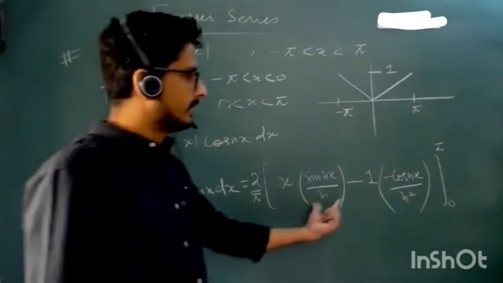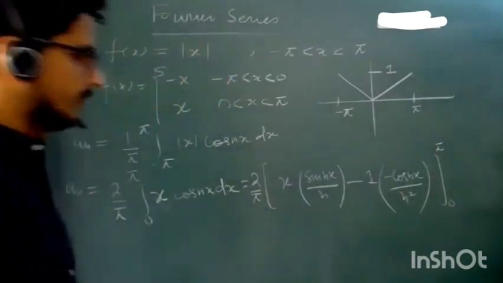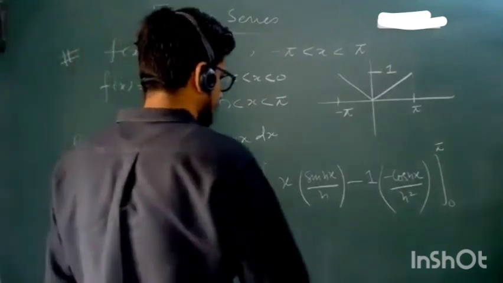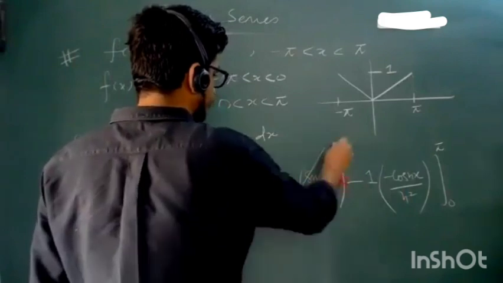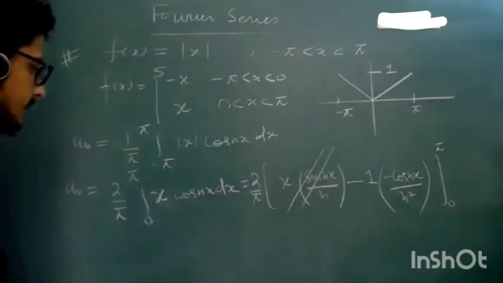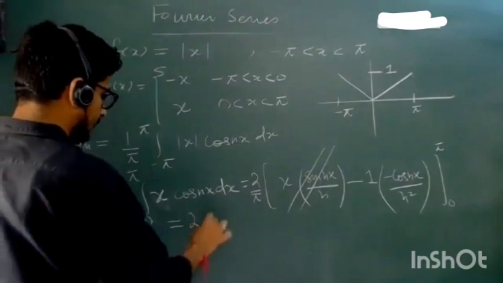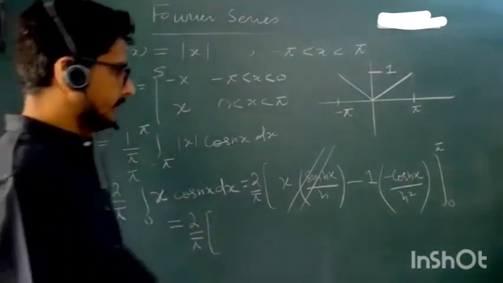And don't remove the brackets because I have told you the UV is used ahead. So at π and 0, this term becomes 0. So it will become 2/π. What about this?